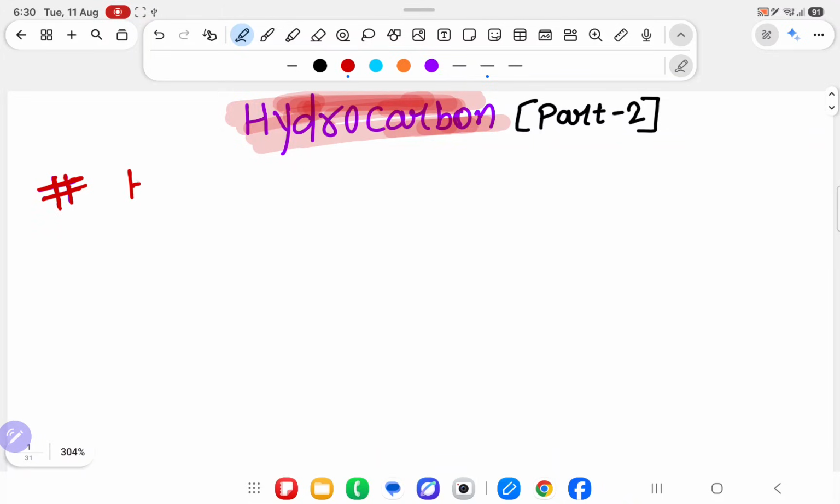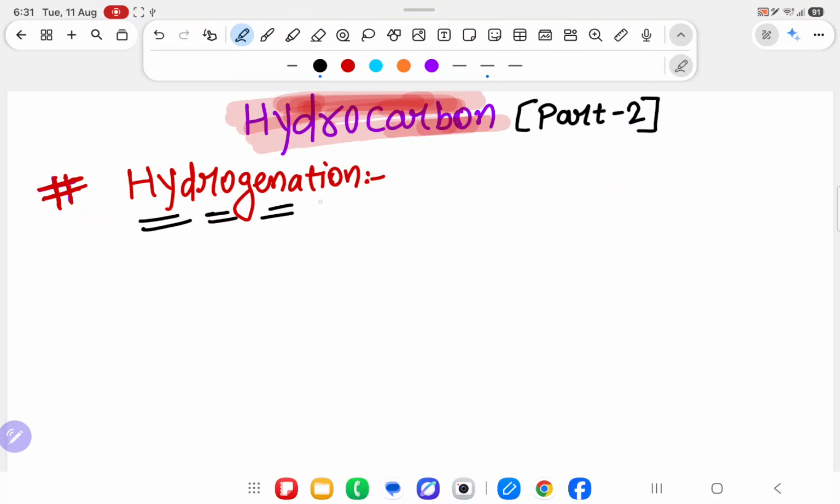Now the next part I am going to see in hydrocarbon is hydrogenation. What is hydrogenation? Up to Grignard reagent I completed in the last class.